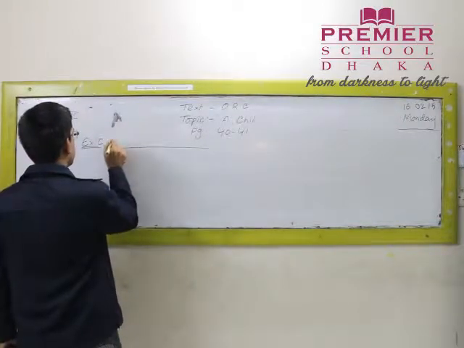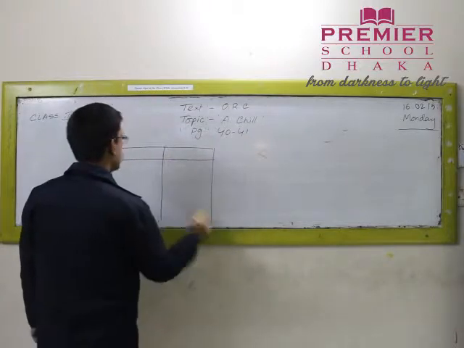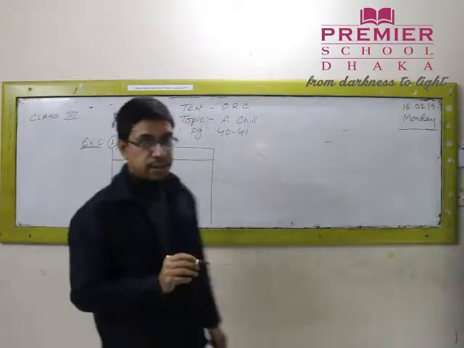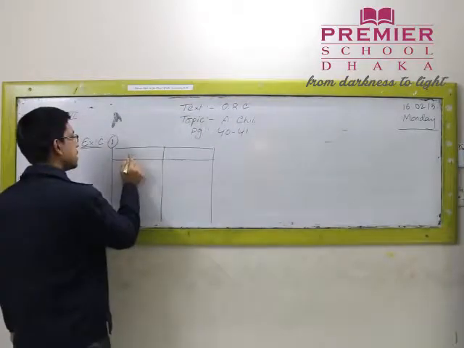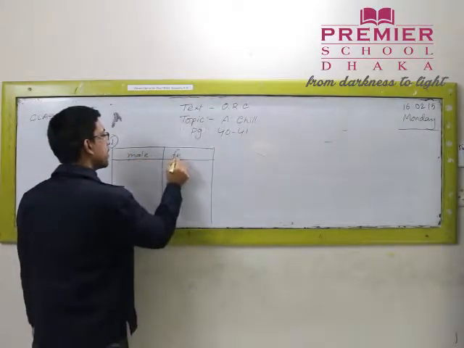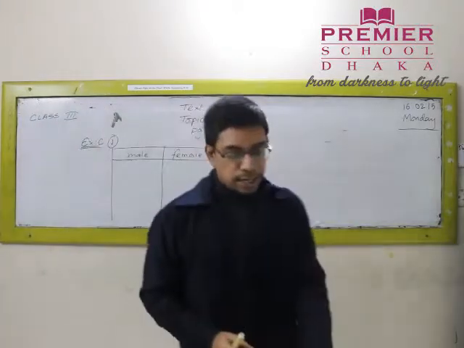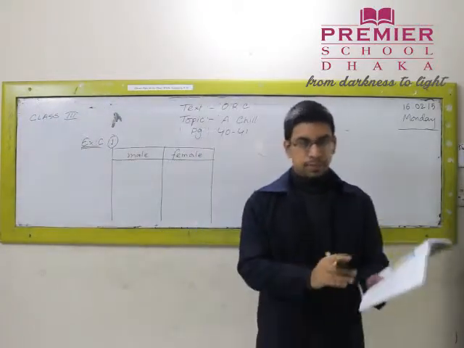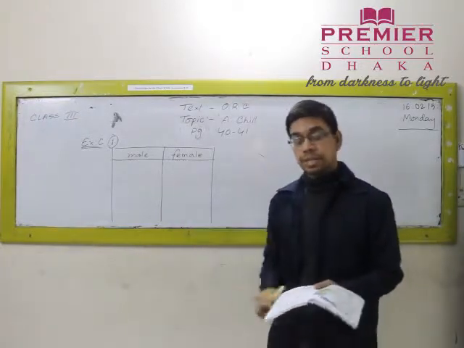Working with exercise C number 1. You may make a table like this, and you can add up to, in this case, male, and in this case, female. And now all we have to do is put down these words, lots of words in here, according to the gender.